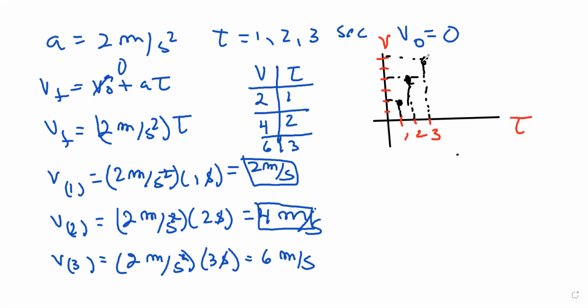Okay. And you got your graph right here. It's supposed to be a straight line. There you go. So this is the graph of the velocity versus time, and it's a linear relation.